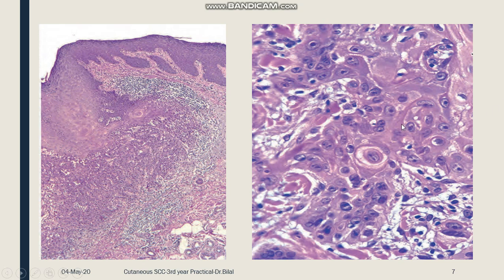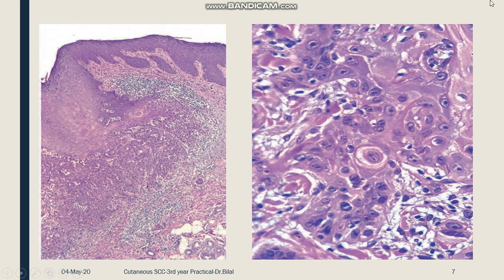This is how it looks on a high power examination. They are classically described to have nests or sheets, depending upon the degree of differentiation, of polygonal cells with eosinophilic cytoplasm.